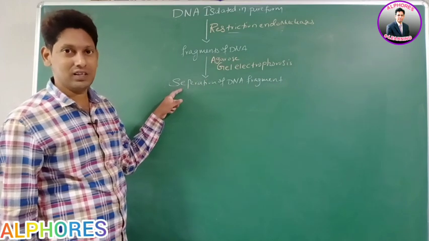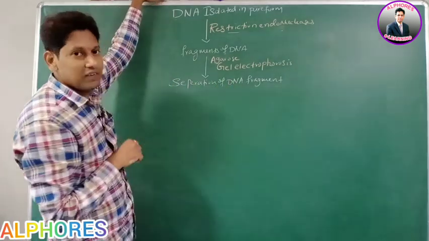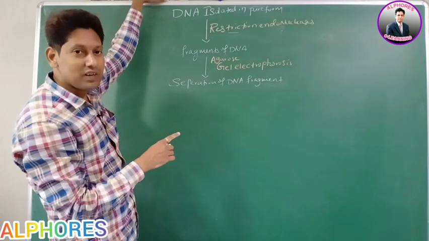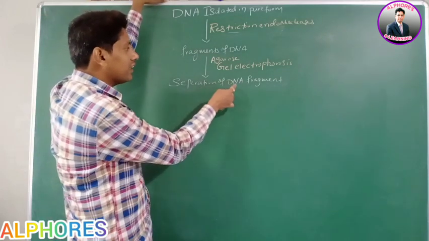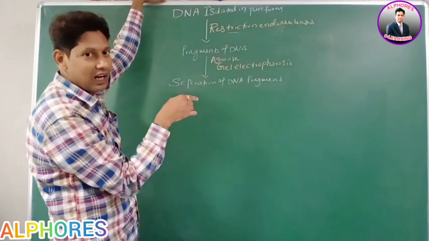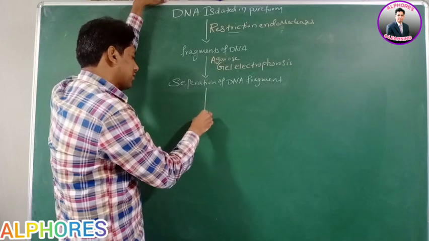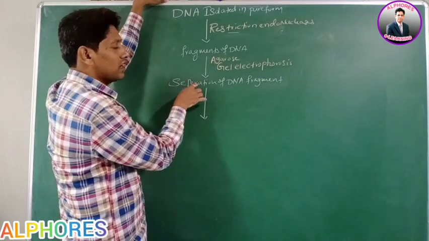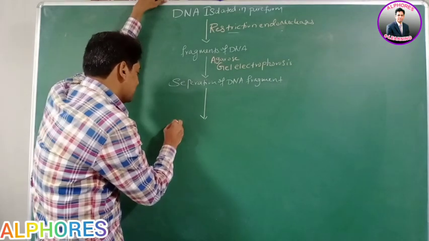Where are these separated DNA fragments? In the agarose gel. From these separated DNA fragments, the desired gene is isolated.